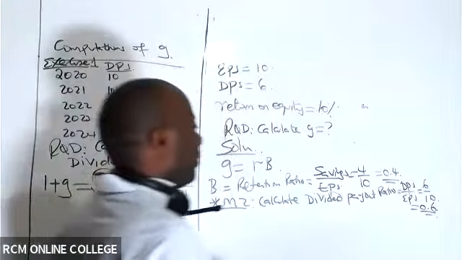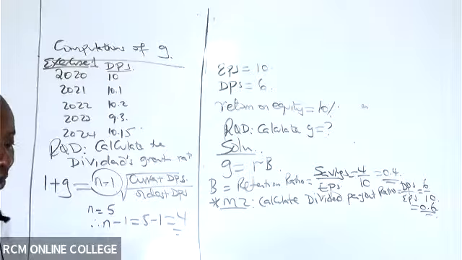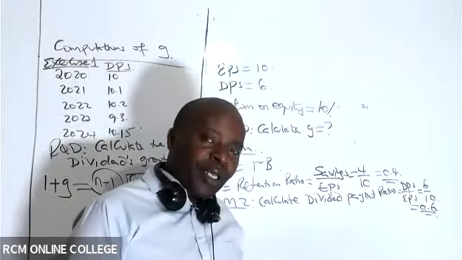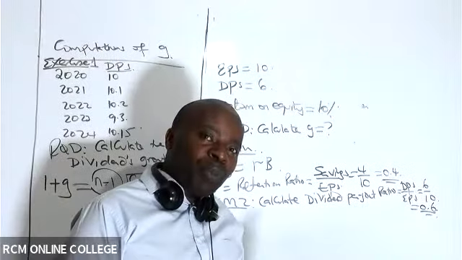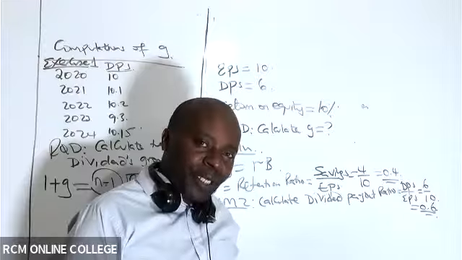So the dividend payout ratio is 0.6. If the dividend payout ratio is 60%, that means what I am able to retain is 40%.